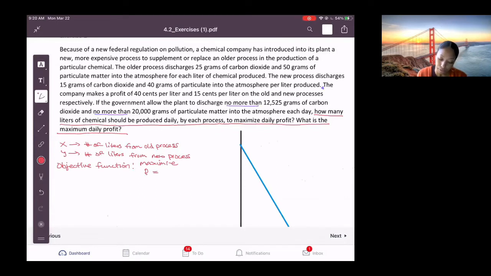The company makes a profit of 40 cents per liter and 15 cents per liter for the old and new process. So it's 40 cents for the old and 15 cents for the new. Obviously, they make more profit on the old process. Okay, so I'm going to write this in terms of dollars. So for 40 cents, I'm going to write 0.40 times X. And then for 15 cents, 0.15 times Y.